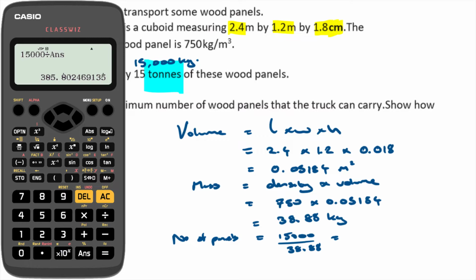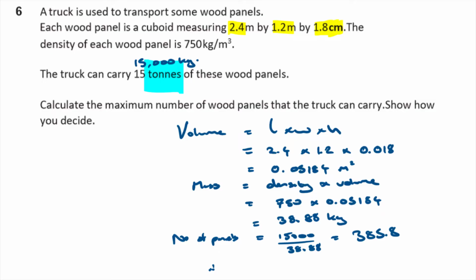Now, I should really round up, shouldn't I, because it's closer to 386? But actually that would be too heavy. That would exceed the carrying capacity of the truck. So in this case, even though 0.8 is closer to the next number up, I'm going to round down. So that's 385.8, and we're going to say therefore 385 panels can be carried.